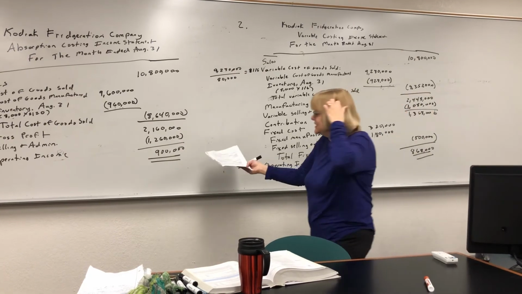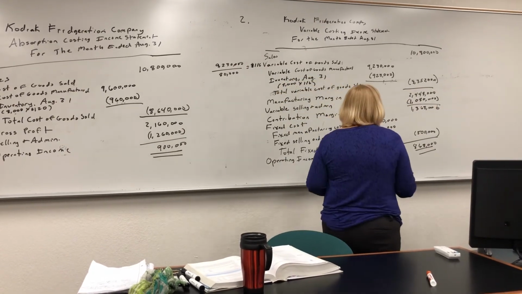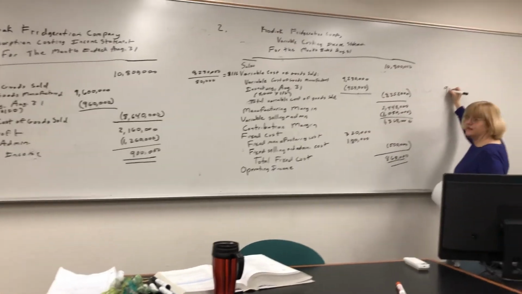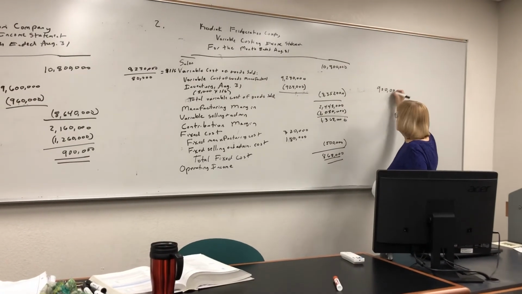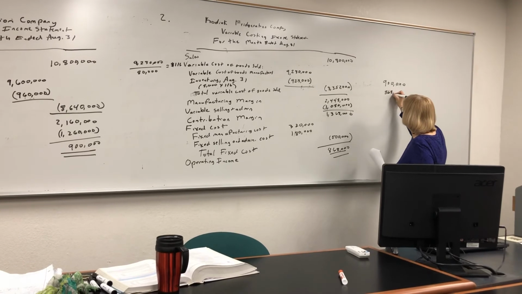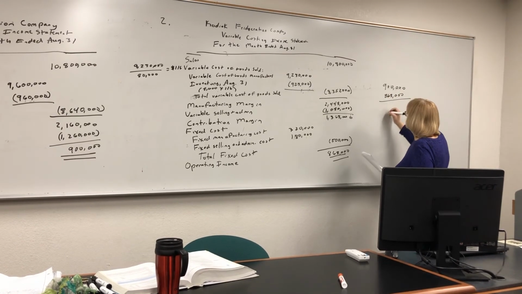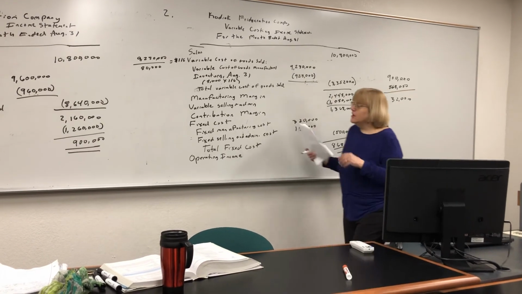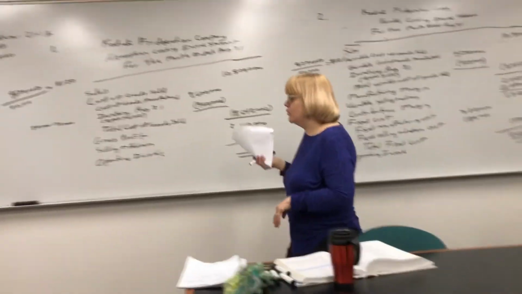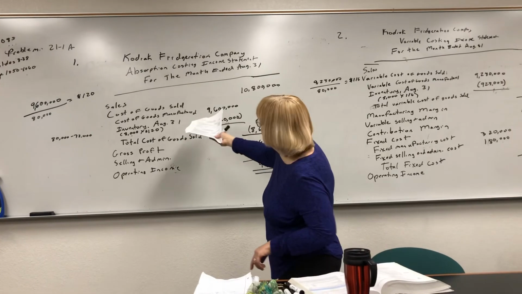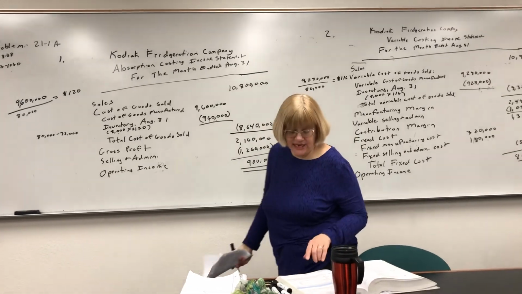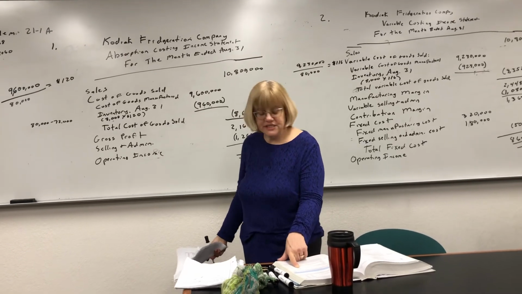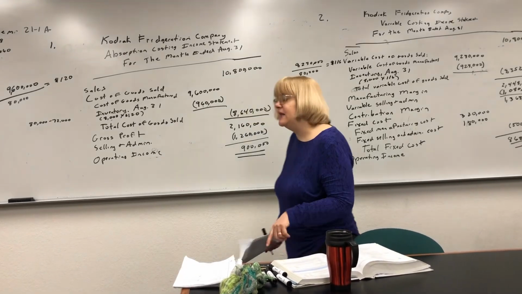So you'll notice this is lower than the absorption costing income, and the reason it's $32,000 lower, the $900,000 minus the $868,000, lies in the fixed cost here. You can tell there's a fixed cost of $4 per unit, the difference between the 120 and the 116. You could also take the $320,000 that it gave us for fixed manufacturing cost and divide that by 80,000.